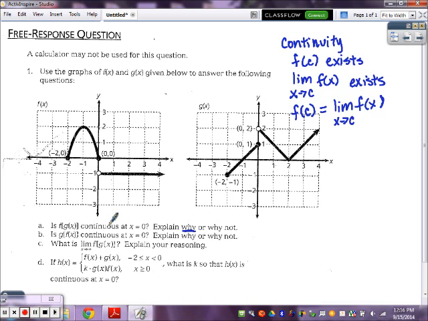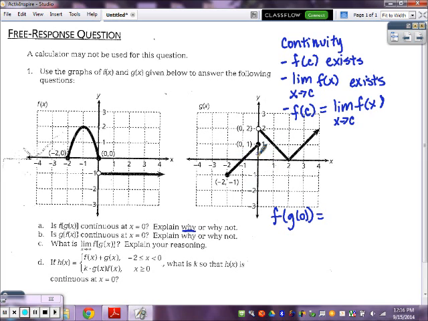So if we look at A, it says is f of g of x continuous at x equals 0? Explain why or why not. So at x equals 0, to first test the requirement that it actually exists, we would say f of g of 0. First I'll evaluate my inner function g of 0, that's this graph here.